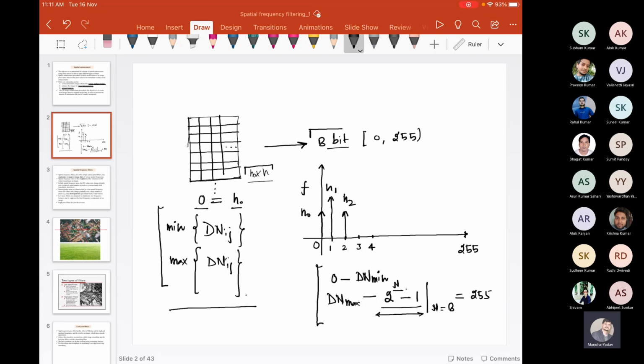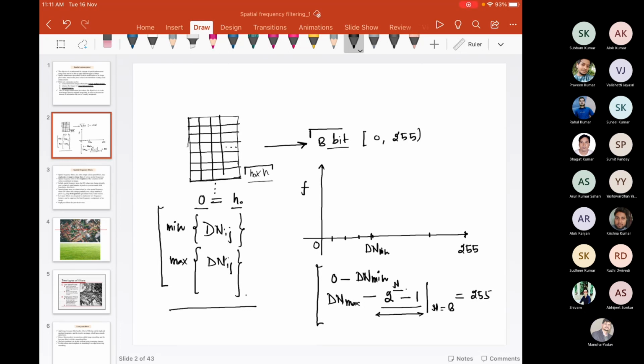So just see, to plot this case over here. Let's say somewhere here we have a DN min. It is coming here.